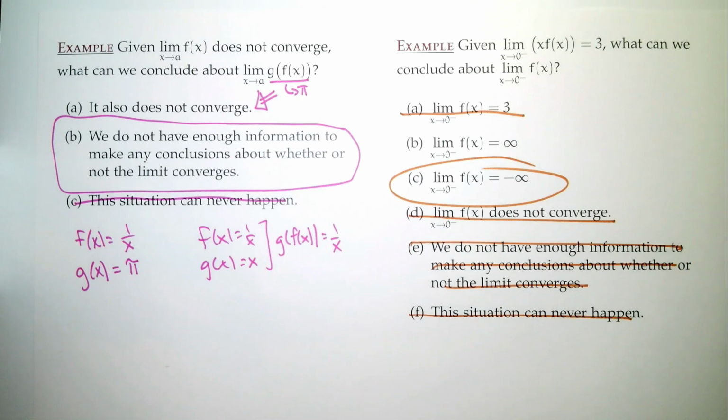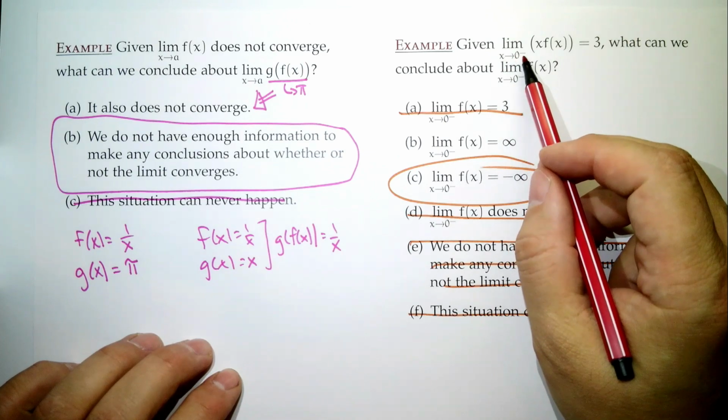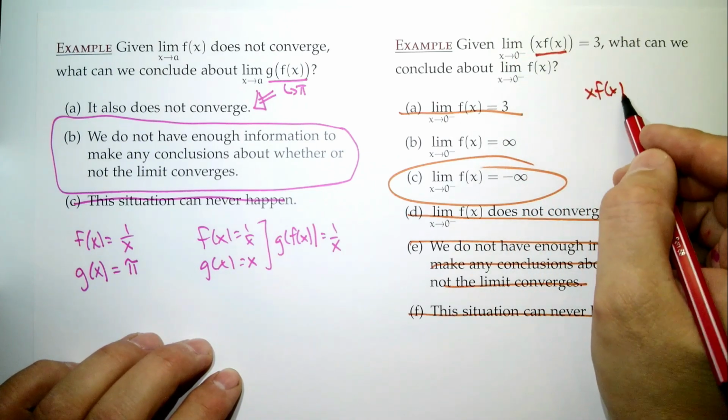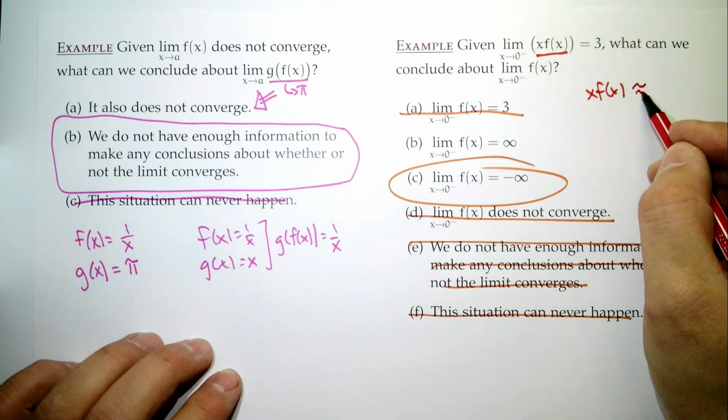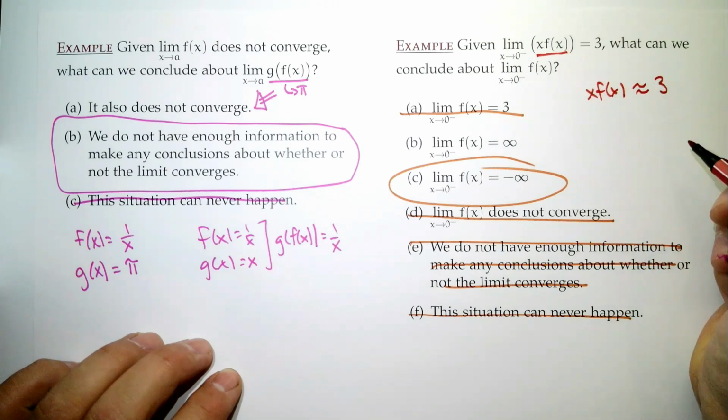Okay. Now, how do we figure this one out? You have to think about this one a little bit, but in fact, there's an easy way to think about it, and here it is. Remember what happens with limits. Limits are telling us what happens nearby. So what it's saying is that if I am close to 0, just a little bit below 0, then this expression, x f of x, is very close to, which we can say with the little squiggle here, approximately 3.